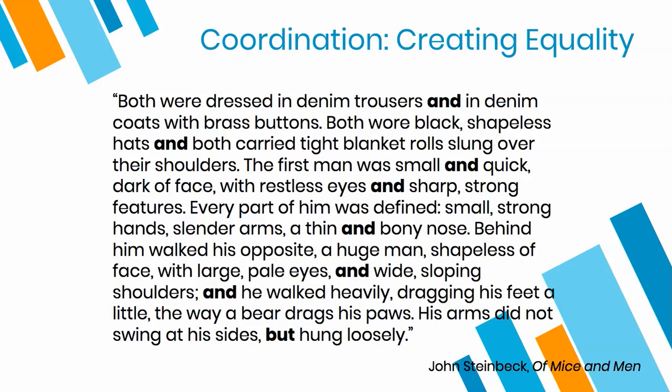If you've read the novel, you know that the coordinating conjunctions make a lot of sense here in terms of how George and Lennie, while they may not seem like equals, are both of equal importance to the fulfillment of their dream. They have a coexisting relationship. And so it makes sense that he would use a lot of coordinated conjunctions to describe them physically. So let's take a look at what he's joining.